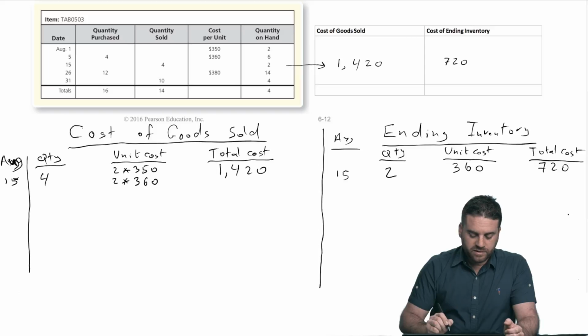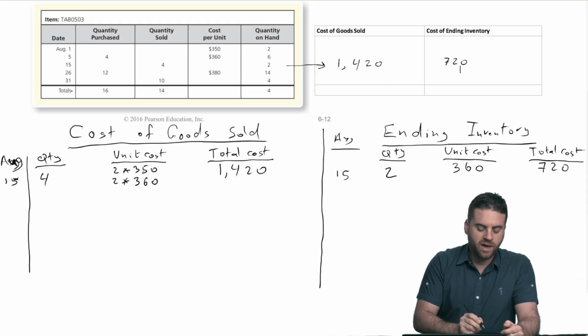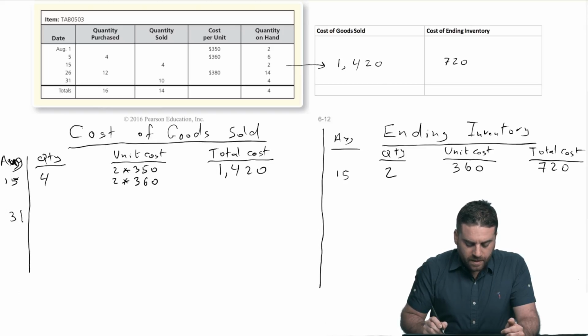All right. Let's continue. So what is my next sale? On August 31st, we had our next sale. And well, before we go to the 31st, let's look at the ending inventory on August 26th.